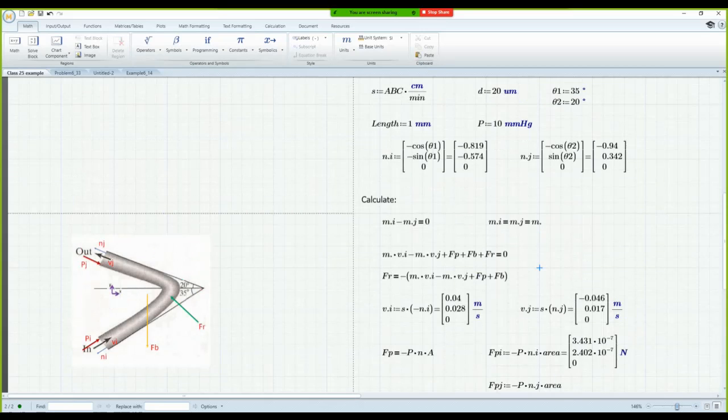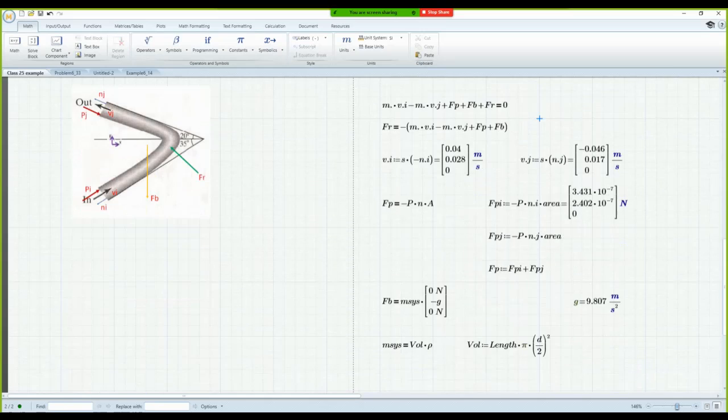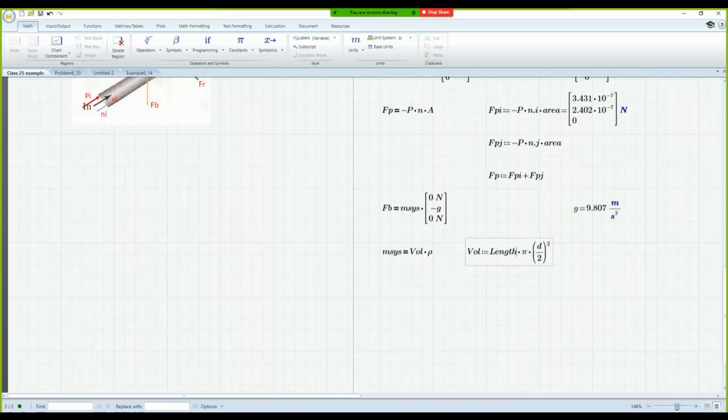Let me make sure that the diameter, yep, d was a small d. So that should be a volume, right? Yep, that's in liters. Let's make microliters by defining microliters as 10 to the minus 6 liters. So we've got microliters there.